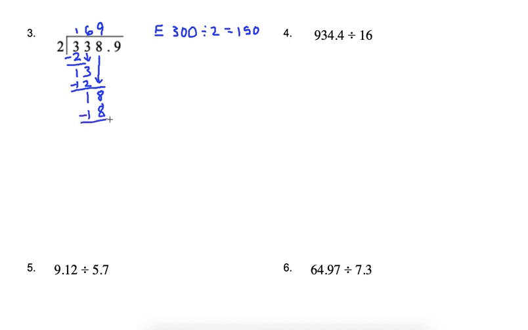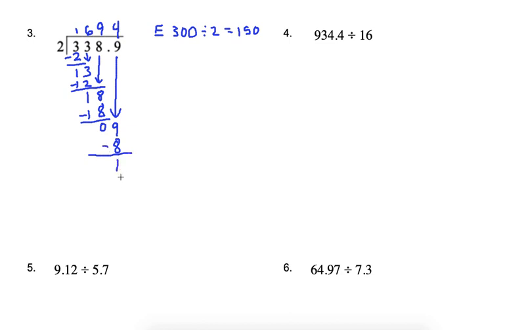That goes into it, 0. Bring down our 9. And so how many times is 2 going into 9? It goes into it 4 times. So 2 times 4 is 8. And subtract that down. We end up with a 1.